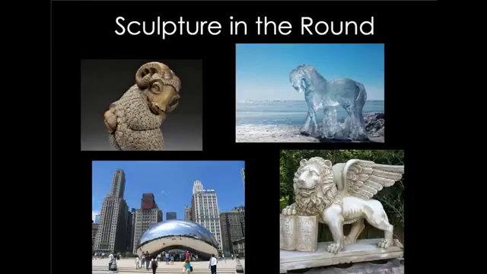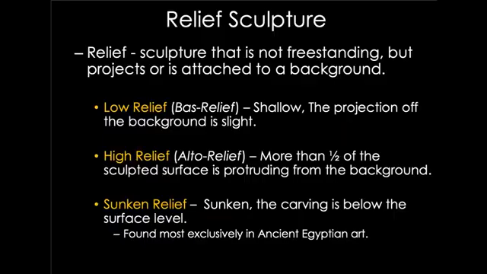Another type of sculpture is known as a relief sculpture, and this is a technique where the sculpted element remains attached to a solid background. The term comes from a Latin verb, relevo, which means to raise. So you're raising that sculpture off of that background.